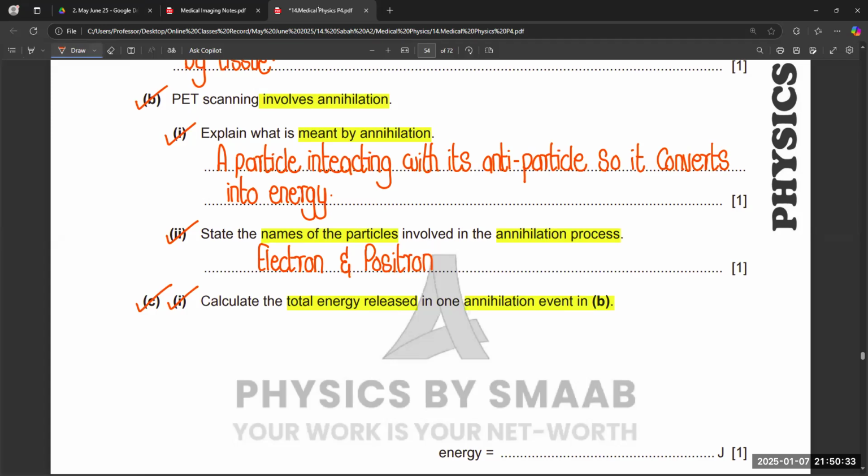There is a formula, E equals mc squared, right? So according to the E equals mc squared formula, we need to use 2mc squared, because we have two exactly same masses, only their charges are different. Right, okay. So their masses are the same.